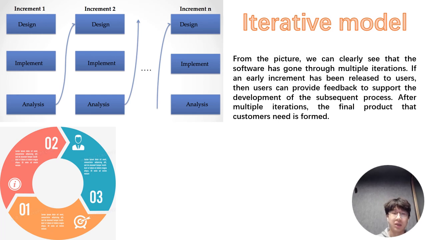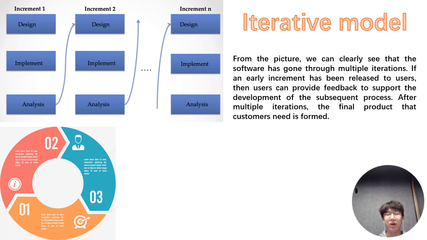The third one is the importance of user feedback. When user feedback is critical to the product's success, the ability to incorporate feedback in each iteration is a significant advantage. The fourth one is rapid market response.